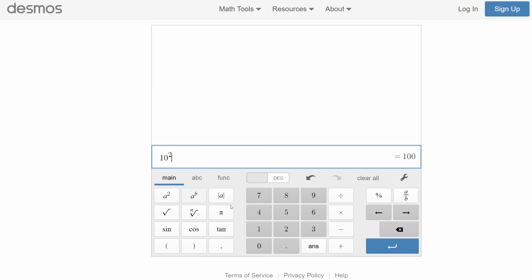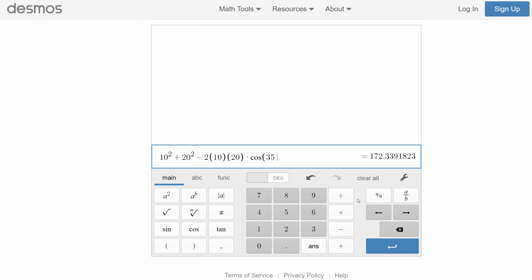You're going to go 10 squared, which just is 10 times 10, right? Then you would do plus 20 squared, which is 20 times 20, minus 2 times 10 times 20 times cosine 35, and you should get yourself an answer.